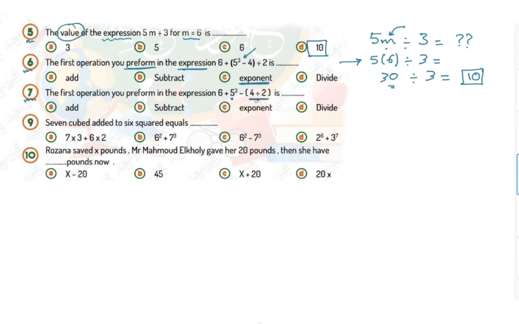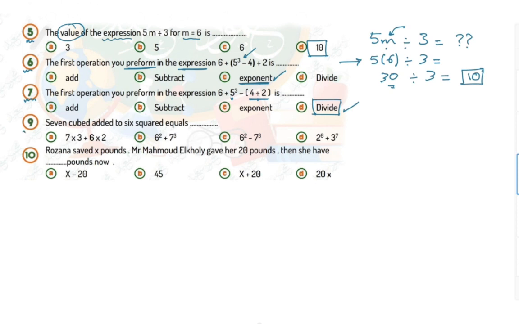Inside these parentheses I have a division, so I do the division first. After this division I will do the power.